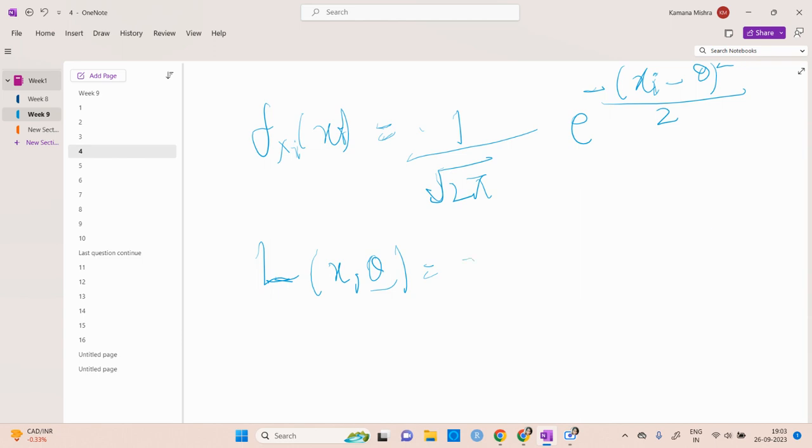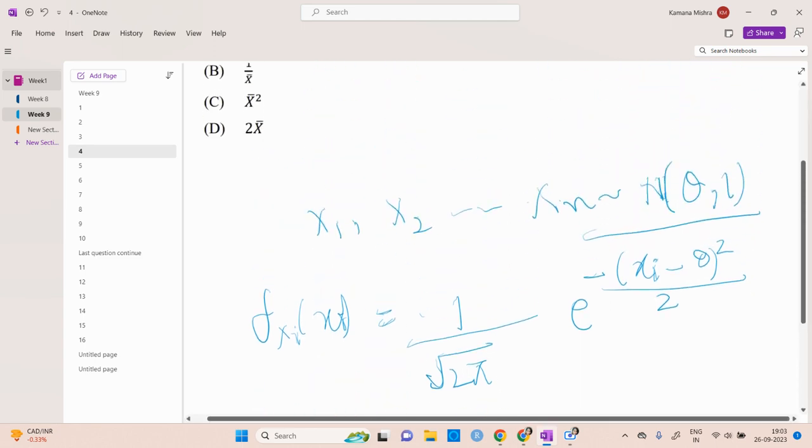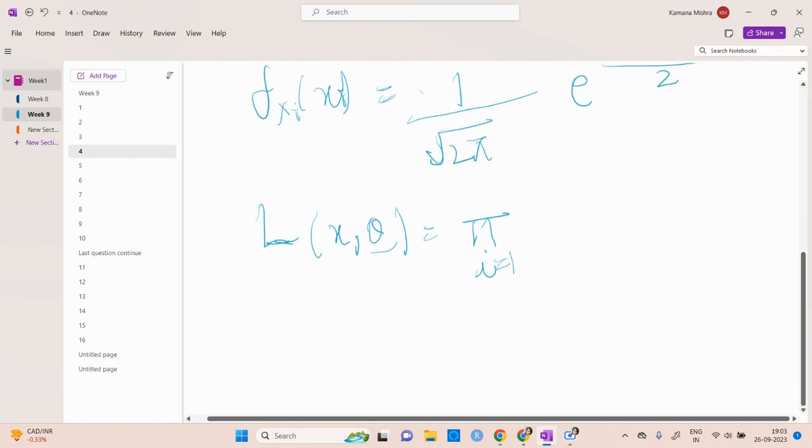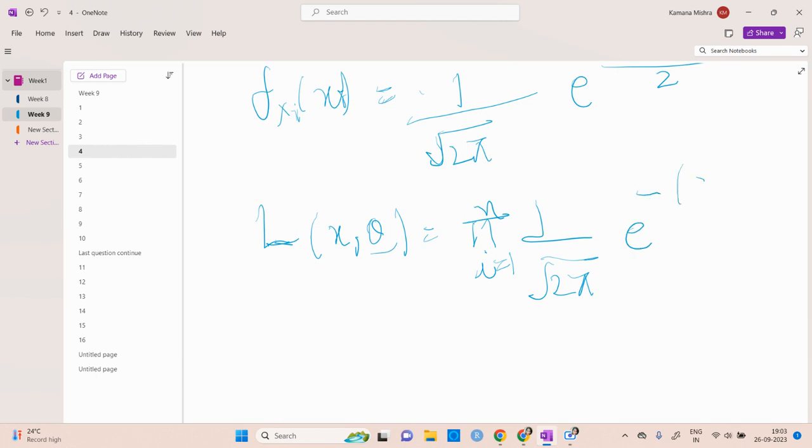So this is the multiplication, i from 1 up to n random samples given: 1 upon root 2 pi, expectation of minus (xi minus theta) whole square divided by 2. If you just go through this, it is quite difficult to do the integration from here.